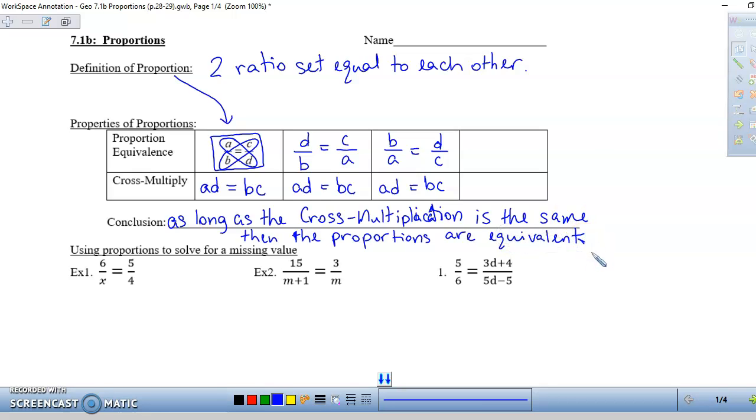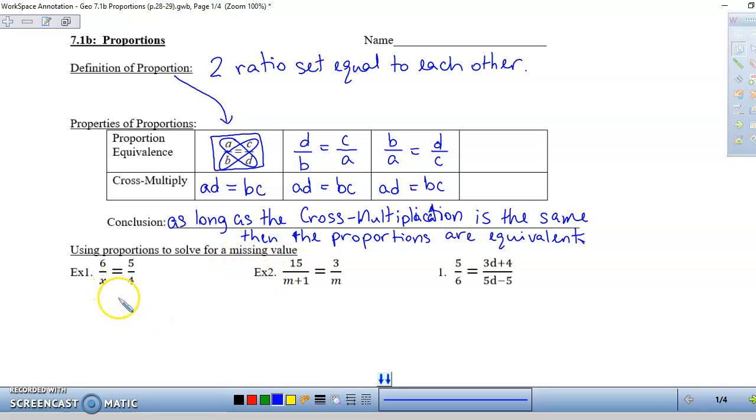But we are going to use this idea of cross multiplying to solve proportions. Now, you did do some of this last year, so this piece of it should be a little bit of a review. We are going to make it more complicated in the coming sections, but this part should be review for you. So using proportions to solve for a missing value.